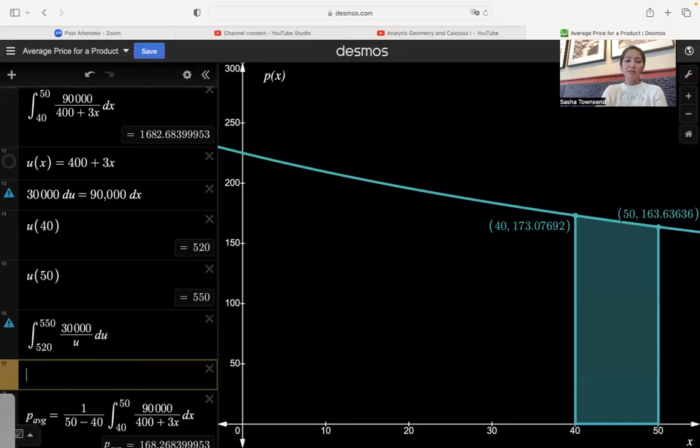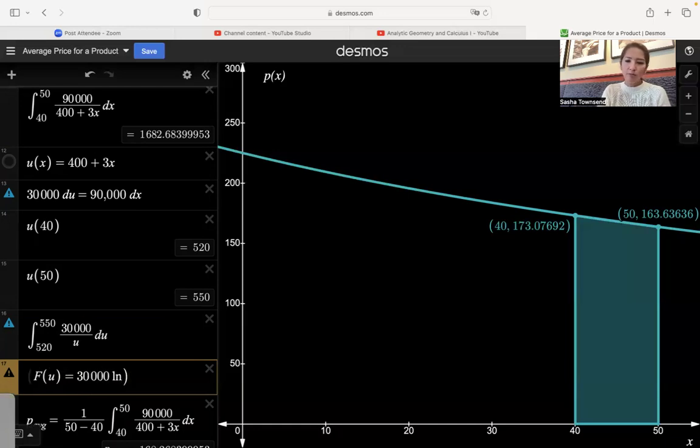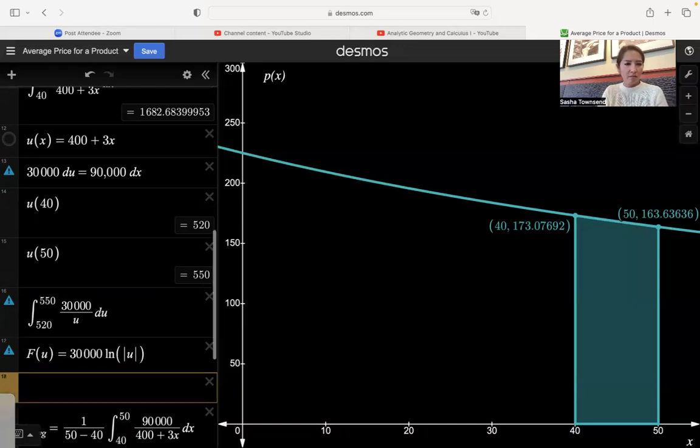So we compute the antiderivative using just our basic rules. So we're going to get 30,000 times natural log of the absolute value of u. Okay, it's not letting me use u there.